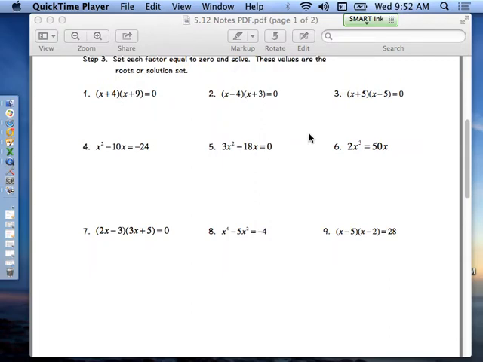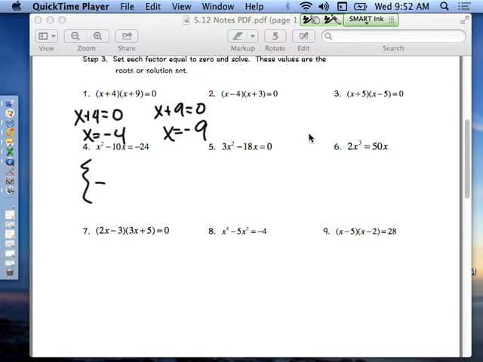The first example is already factored for you, so there's no need to multiply this out. I can see that the individual factors for this polynomial are x plus 4 and x plus 9. So I simply take each individual factor and set it equal to 0. That means my solution set for number 1 is negative 4 and negative 9.